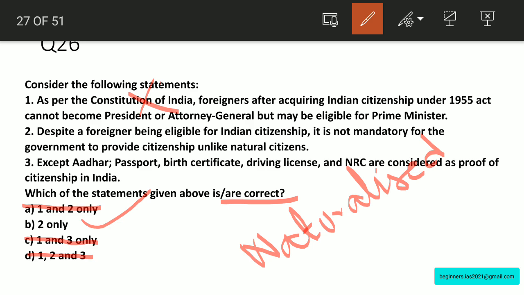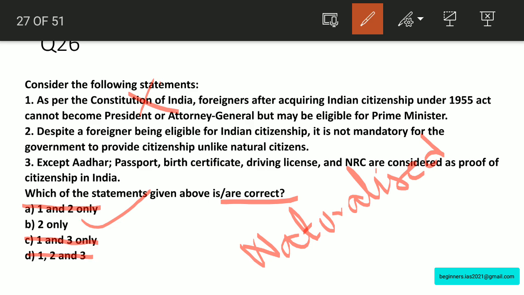Let us see statement number 2. The foreigners do not have the right to get citizenship. Therefore, statement number 2 is correct. See, in the recent NRC issue, that is National Register of Citizenship, the government clarified that Aadhaar, voter ID card, passport are not citizenship documents.